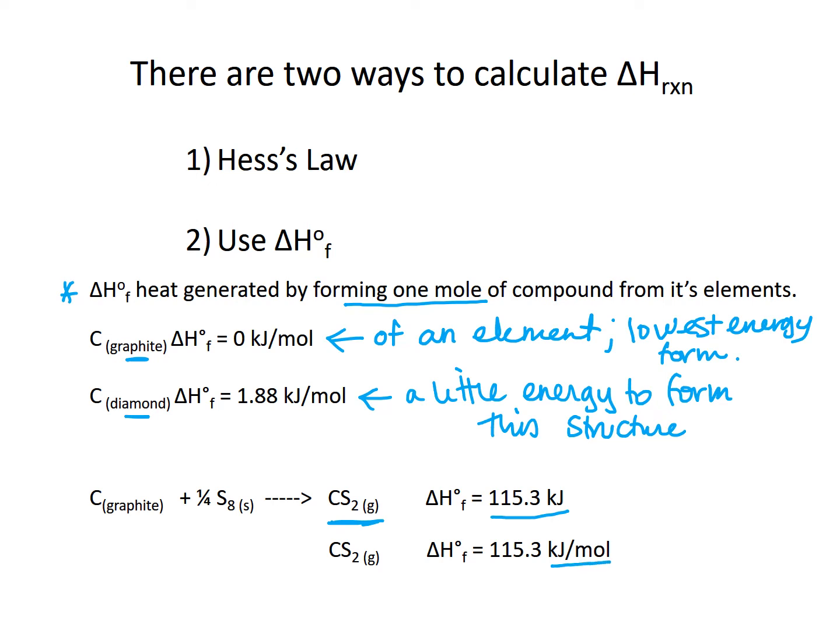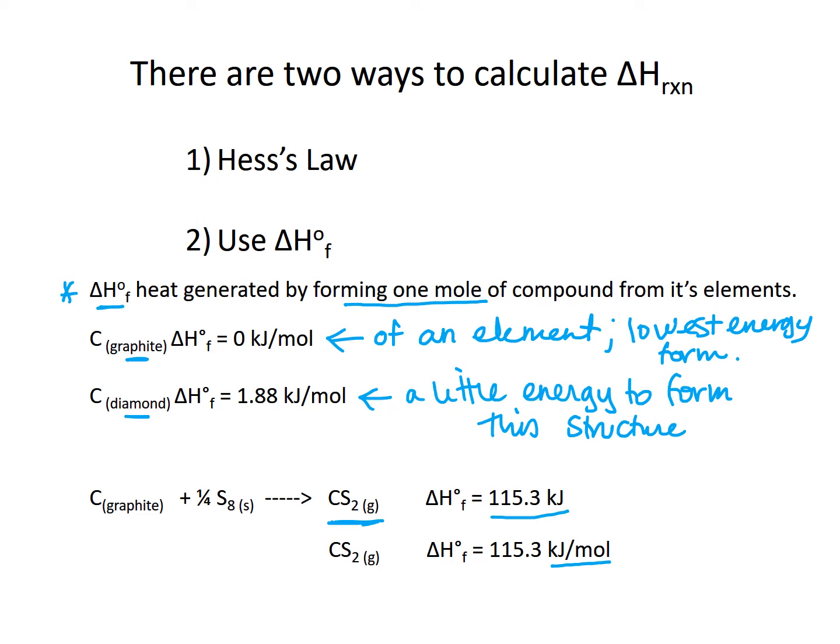Okay, this unit is interchangeable when we're talking about thermochemistry. Okay, so when on a table I look and I see this carbon disulfide and the delta H of formation values, what that means is the delta H is the heat generated by forming 1 mole of compound from its elements.